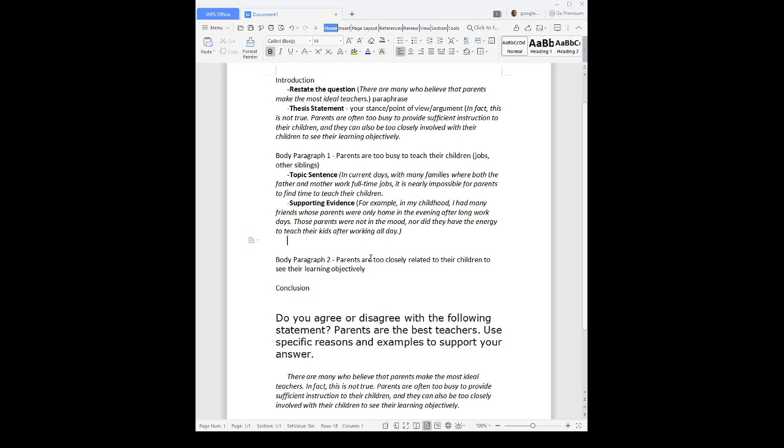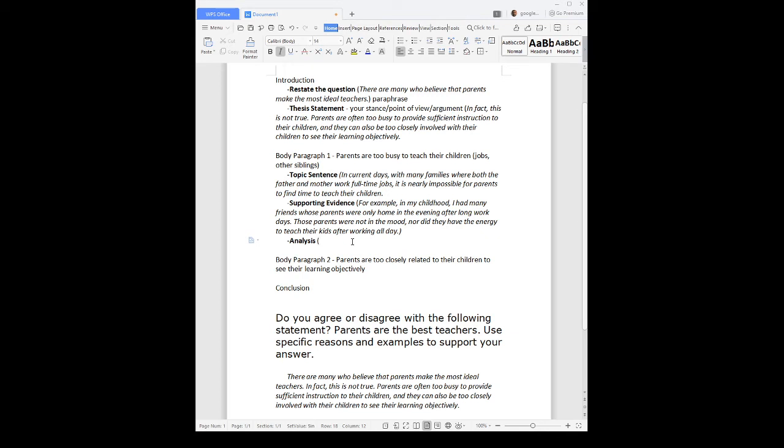Feel good about that. And so next, we want to connect that evidence very clearly to everything else. And that is called analysis, okay? We want to make a connection. We want to spell out very clearly what the connection between this example and what we're talking about is, right? What is that? What is the connection, okay? So, for example, in my childhood, I had many friends whose parents were home in the evening, right?